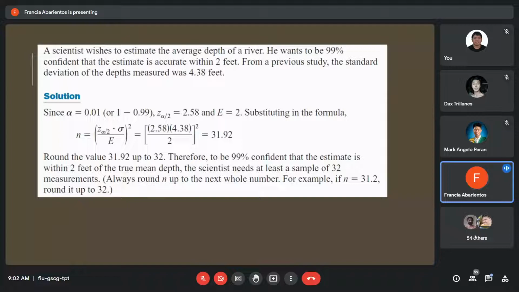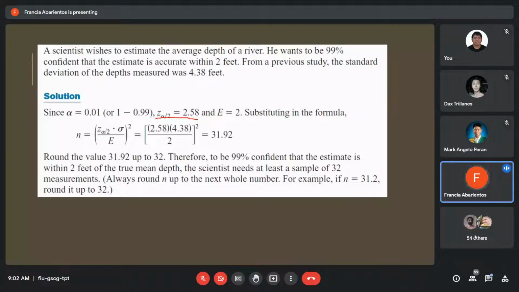So we have now 1 minus the confidence interval, so we have 0.01. We need to divide it by 2. Hanapin mo yung value na yun sa z values. After that, we obtain this. Okay. Divided by 2, so that is equal to 2.458.